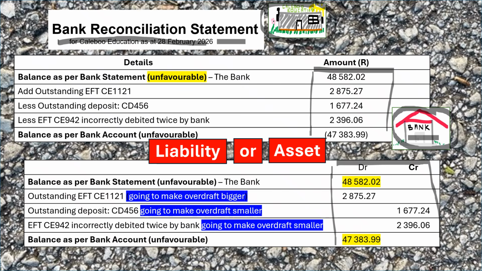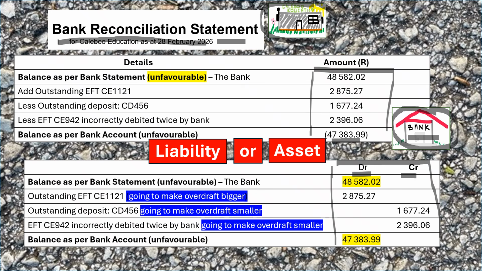ICB textbook, Independent Certified Bookkeepers textbook, and this one is quite often in college textbooks where there's a debit column and a credit column, but we get to the same answer. It's just done a little bit differently.